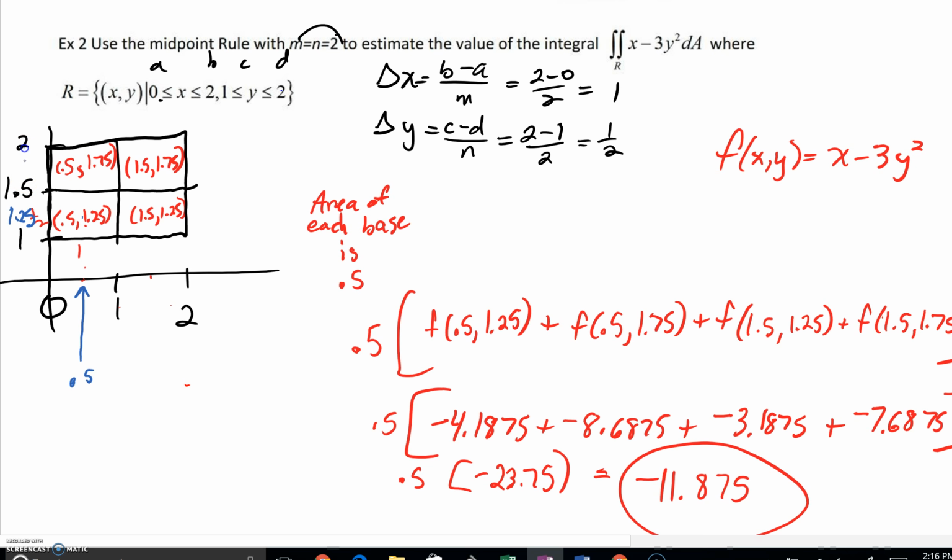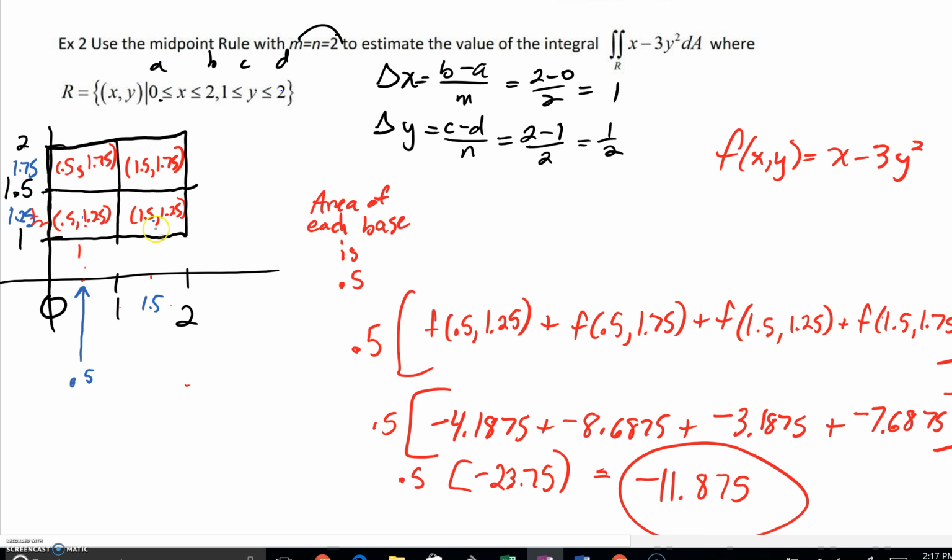Right between 1.5 and 2 would be 1.75. So the point dead center right in the middle, which would actually be the midpoint of that subrectangle, would have coordinates of 0.5, comma 1.75. Likewise, very similarly, between 1 and 2 would be an x value of 1.5.